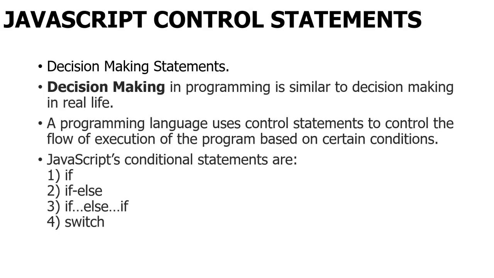If you want to check two different conditions, and if one condition fails, check another condition, and then do some default printing, that is also possible. So to make a decision based on some condition, we go for decision making. We have conditional statements like if, else if, and switch.